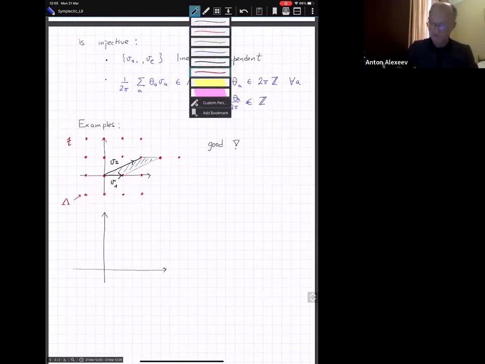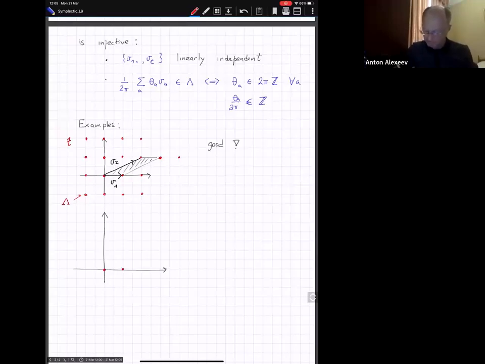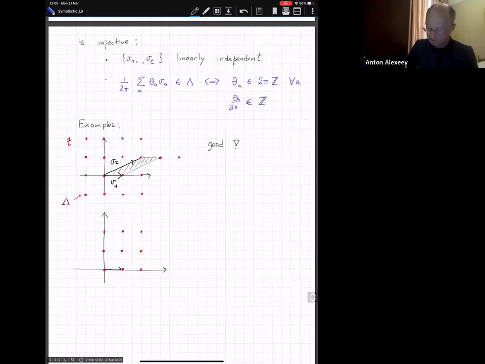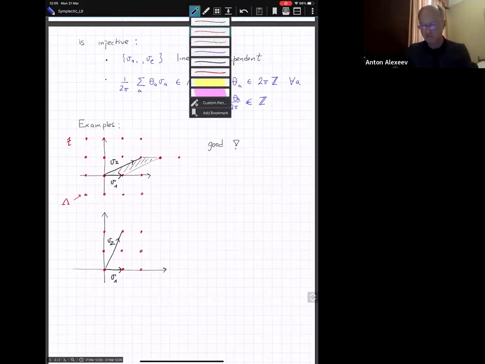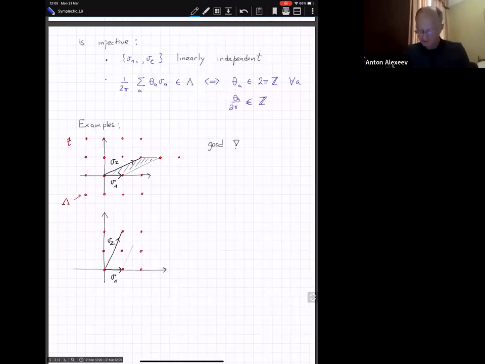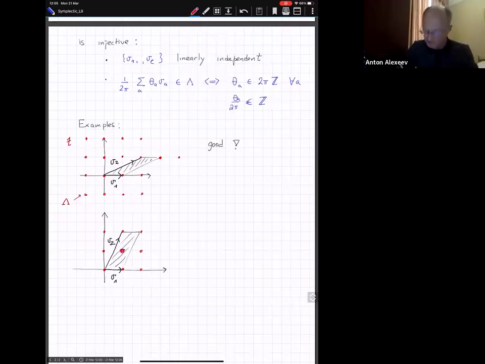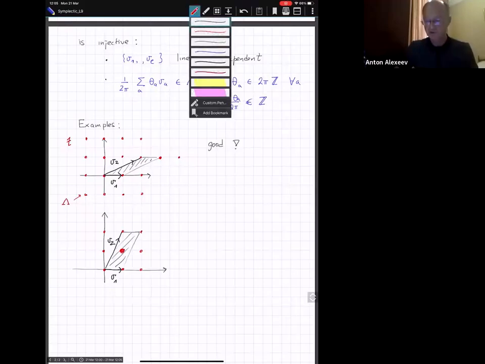So let me try to draw it, right? So that's again my integral lattice. I'm taking the first vector, v1, and I'm taking the second vector, v2, a bit similar, but in a somewhat different direction. And now it doesn't work because there is this red point in the shaded region.